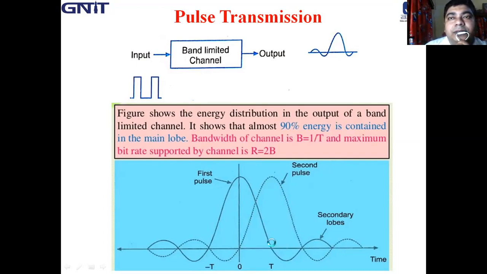The secondary lobes are also called ringing tails. This figure shows the energy distribution in the output of a band limited channel, and the primary lobe consists of basically 90% energy. The bandwidth of the channel is B equal to 1 by T, and the maximum bit rate supported by the channel, which is denoted as R, is equal to twice the bandwidth of the channel.